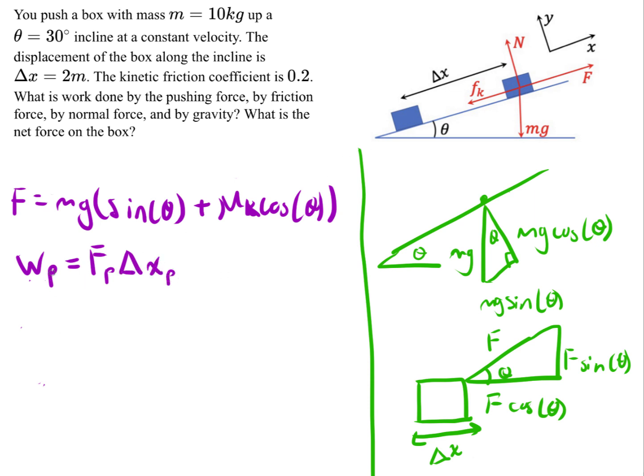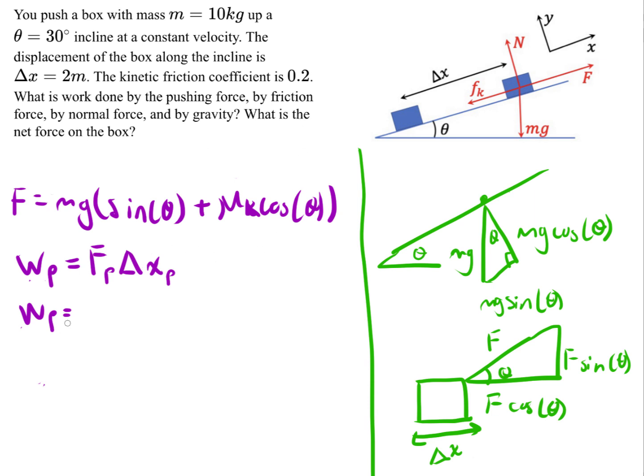So the work is the force times the displacement. So then we can just simply write that the work of the pushing force is equal to this, which is the force, times the displacement. Now that we have everything, we can substitute everything back in.